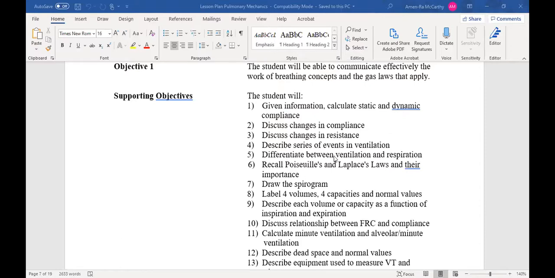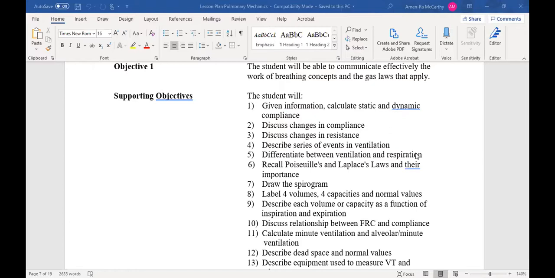Now, differentiate between ventilation and respiration. We did that the other day. We said ventilation is simply moving air in and out of the lungs. But respiration is the actual what? The gas exchange. Thank you. Gas exchange. That's respiration.